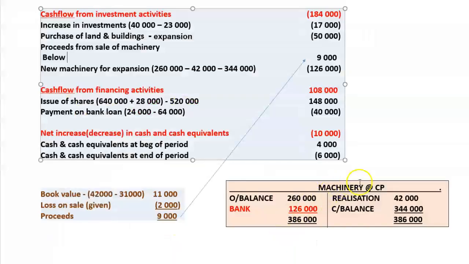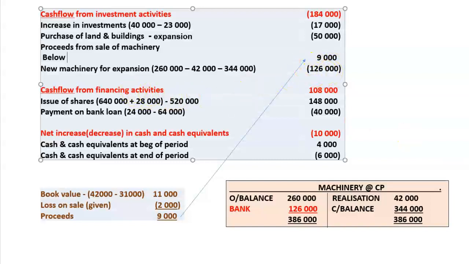So that obviously will also be in the machinery account. Opening balance 260, closing balance 342. We have transferred to the asset disposal or the asset realization account the cost price of 42,000. So the balancing figure on the debit side of the machinery account, 126,000, and they've told us that that is for expansion purposes, 126,000.